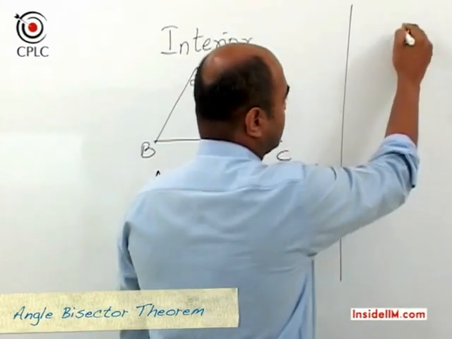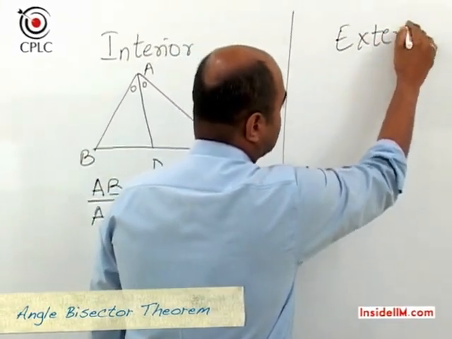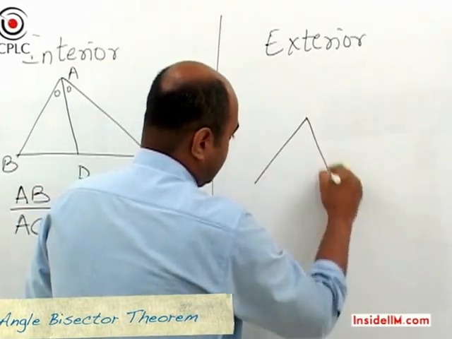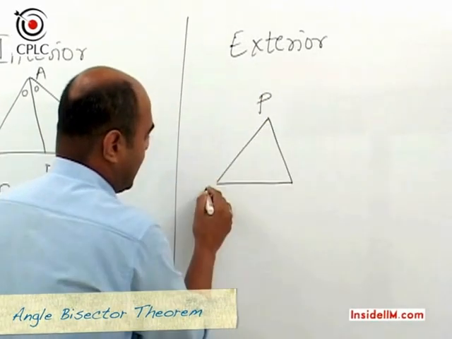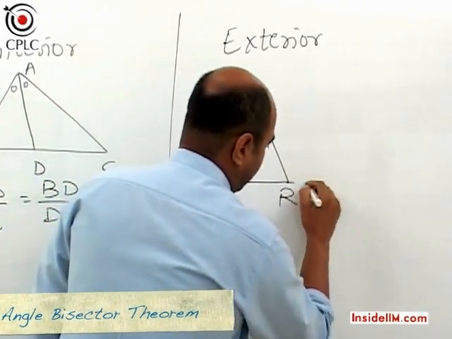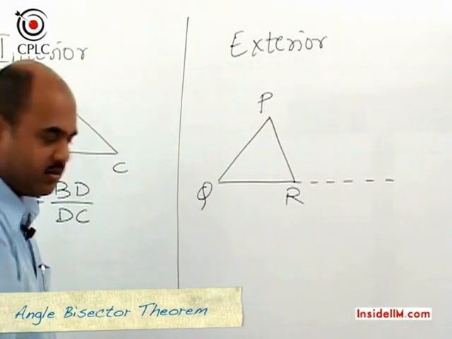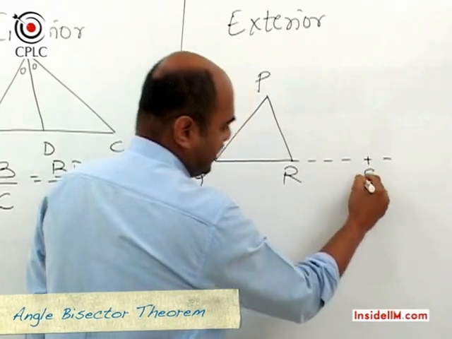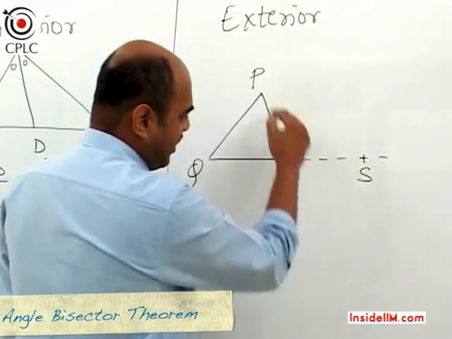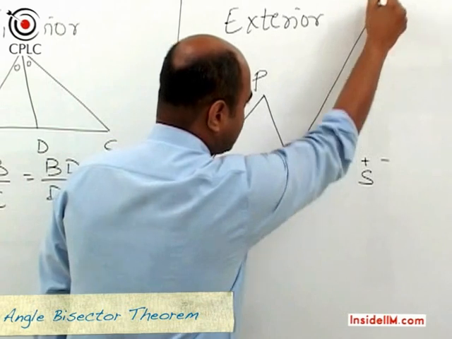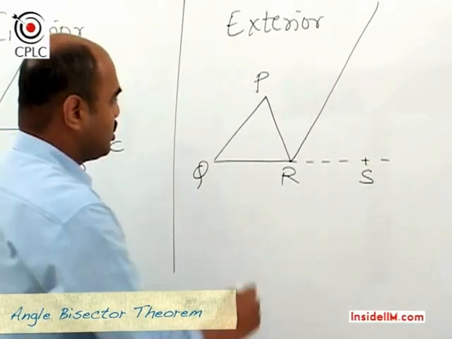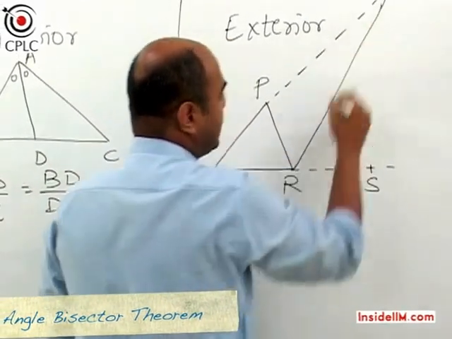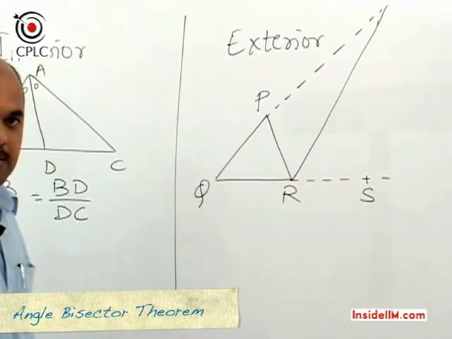Now in a similar fashion, we can consider the exterior angle bisector theorem. So suppose we have a triangle PQR, and we extend QR, and let's call this point S. If exterior angle PRS is being bisected, then what we would need to do is extend QP up to a point where it meets the exterior angle bisector.